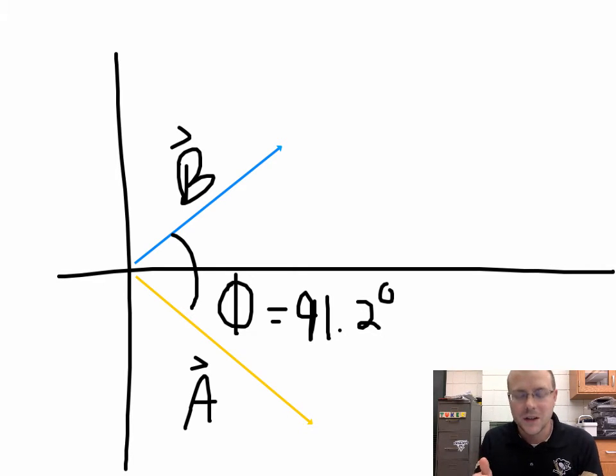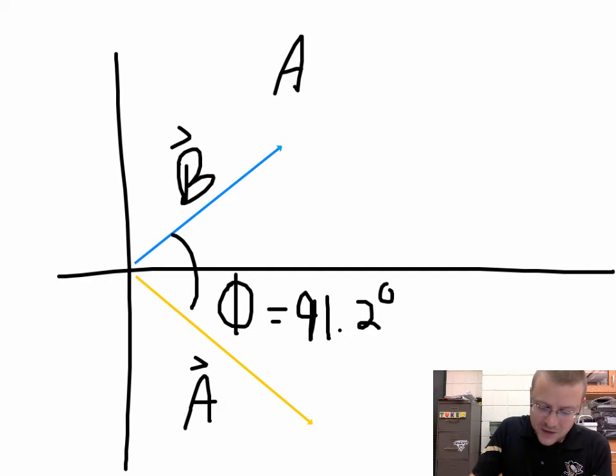Another thing that they're going to ask you is how much of vector A is in the direction of vector B. And it might be written like this: how much of vector A is in the direction of B?